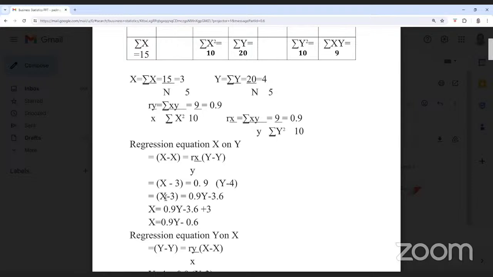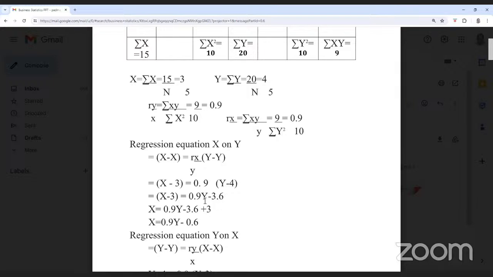Okay? So I'm taking it as x is equal to, here I'm finding out the x value, that is x on y. X on y means we have to find out the x value. X is equal to 0.9 y minus 3.6 is a plus, no? When it comes here, it becomes plus. Here there is a minus, if we bring it here it becomes plus.